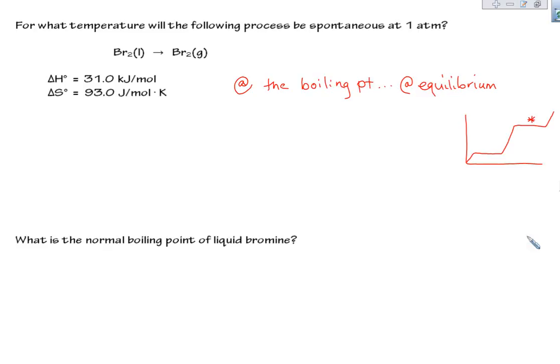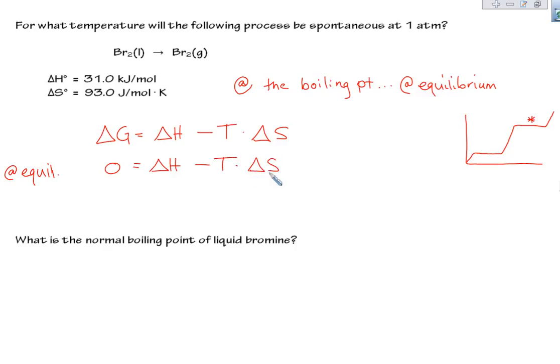Okay, well think about this. When the system is at equilibrium, delta G should be 0. So we've got our equation, delta G equals delta H minus temperature times delta S. This is in the AP packet, by the way. If we are at equilibrium, delta G equals 0: delta H minus temperature times delta S. Okay, well that helps a little bit.